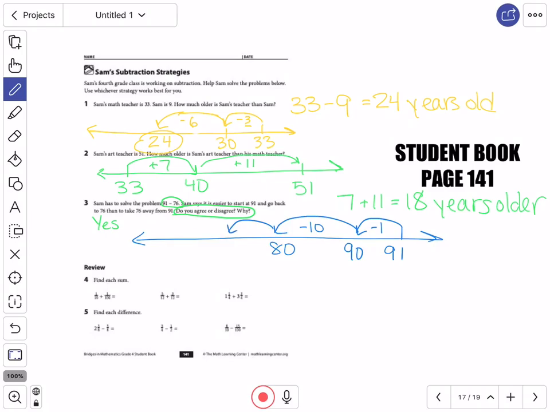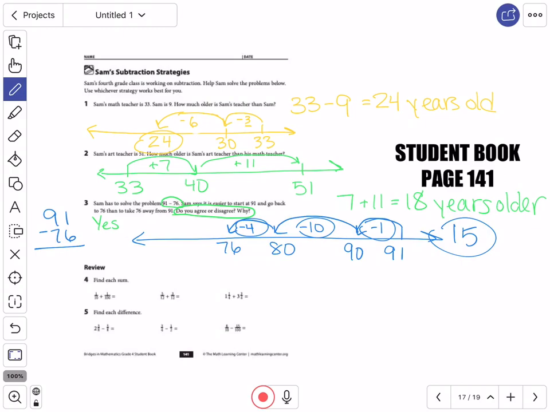Now from 80 to 76, if I go 4 more, now I just have to think about how much I've actually subtracted. So 1 plus 10 plus 4, that's 15, okay? Which is much easier than going 91 minus 76 and all that kind of stuff. This, to me, seems a lot easier.